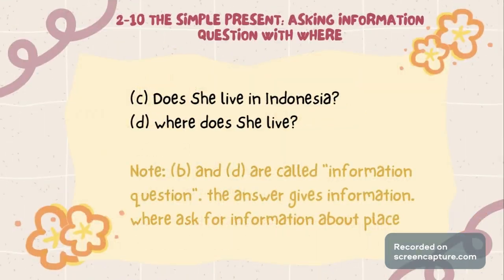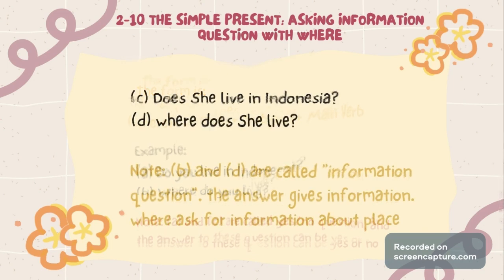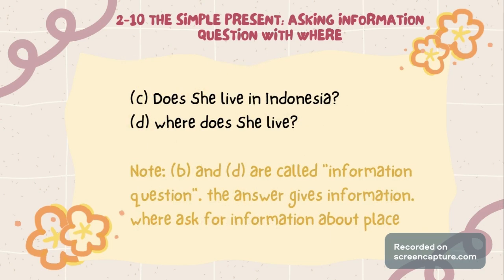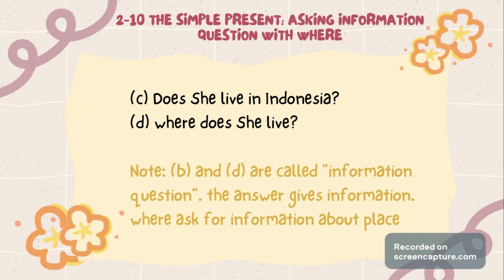And B and D are called information questions because they use where. So the answer has to give information. Where asks for information about a place.